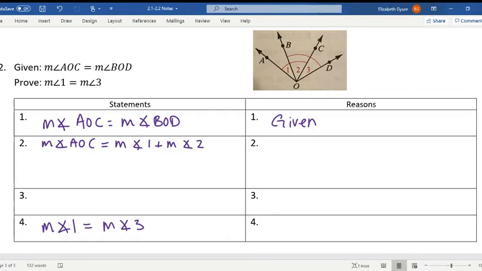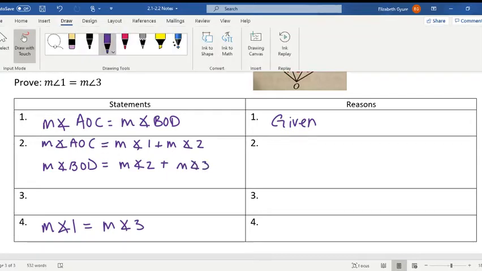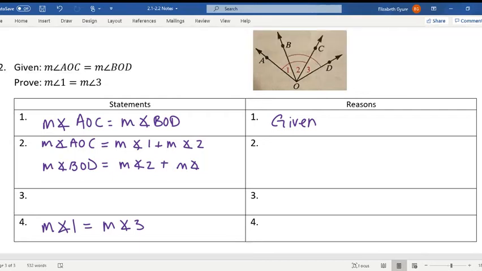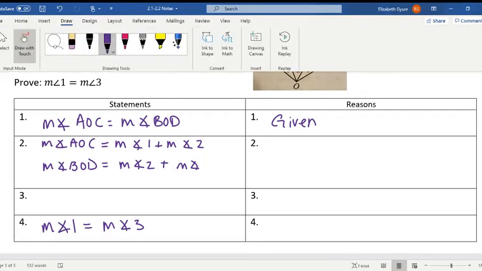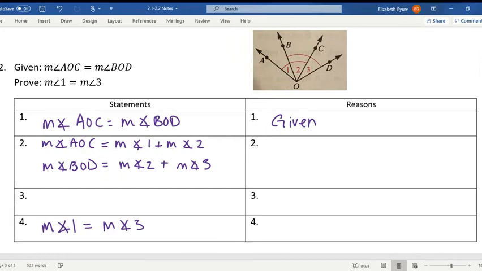And then we can do the same thing for the measure of angle BOD, and we're going to say that equals the measure of angle 2 plus the measure of angle 3. And then remember, when we're taking smaller parts of angles and adding them up to create a larger angle, that is the angle addition postulate. So that's our reason.